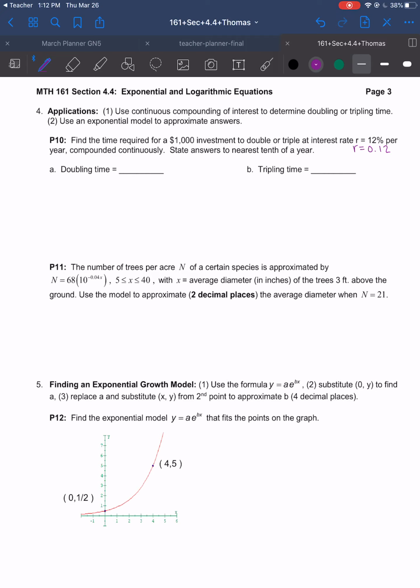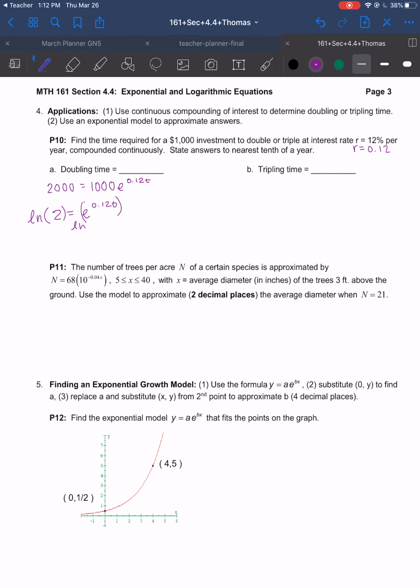So doubling time, that would be $2,000 equals 1,000 times e to the 0.12t. We're going to divide by 1,000, so I'm going to get 2 equals e to the 0.12t. And then what undoes e's is natural log, so I'm going to take the natural log of both sides.